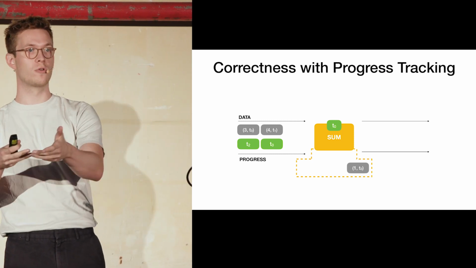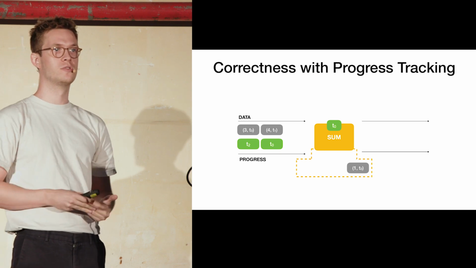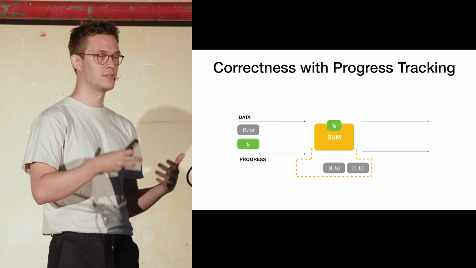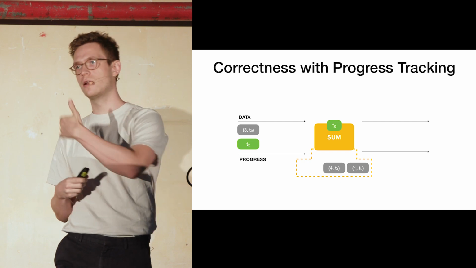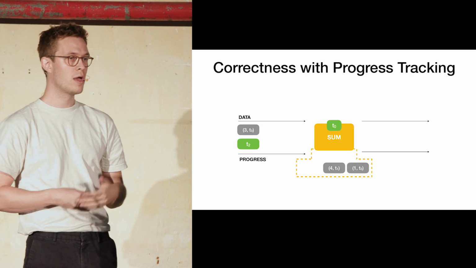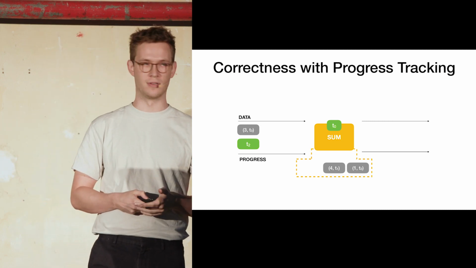So we can't output a correct result yet, but have to store it within our operator. Similarly, if we now ingest 4 at T1, we still provide this message, well, there might be more to come at T0, so we still can't output a correct result.